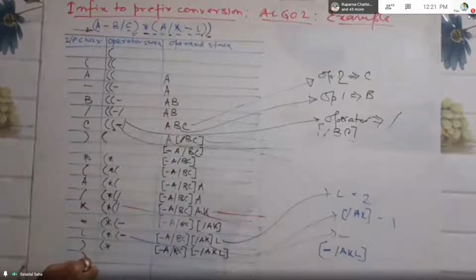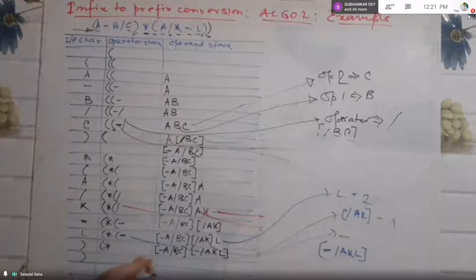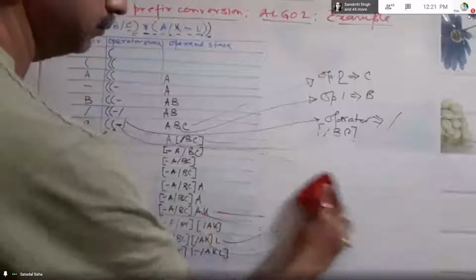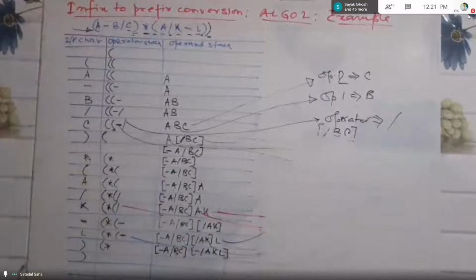So this brace is over. Now there is only one closing brace. So once you get this closing brace, there is one operator that is there in the operator stack. So you need to pop this, but for that again you need to pop these two operands and then pop it. So what needs to be done? You need to pop this part, that is this square bracket.